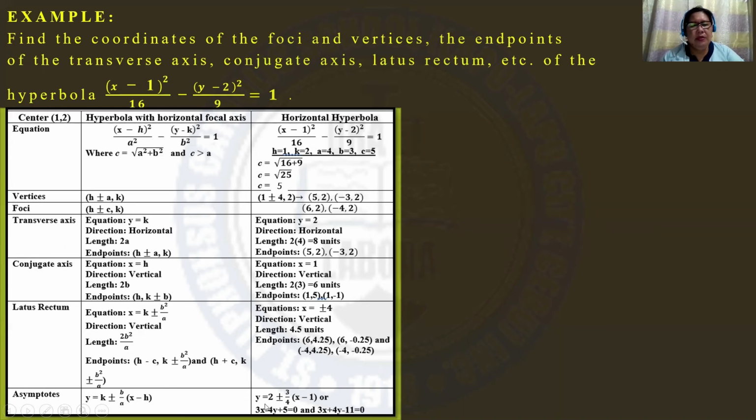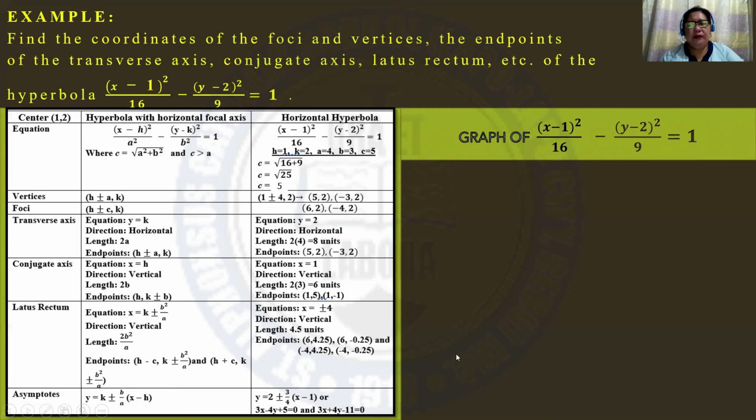For the asymptotes, we have y is equal to 2 plus or minus 3/4 times the quantity x minus 1, or 3x minus 4y plus 5 is equal to 0, and 3x plus 4y minus 11 is equal to 0.